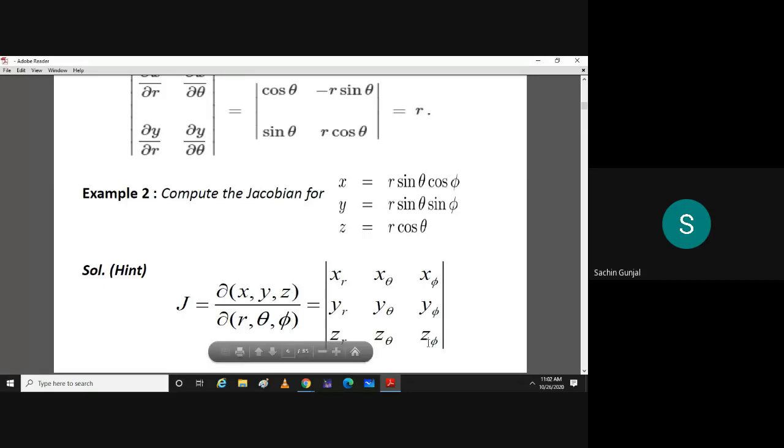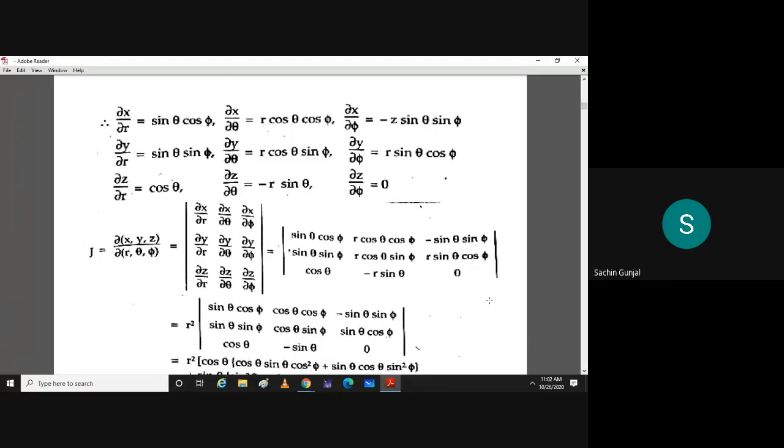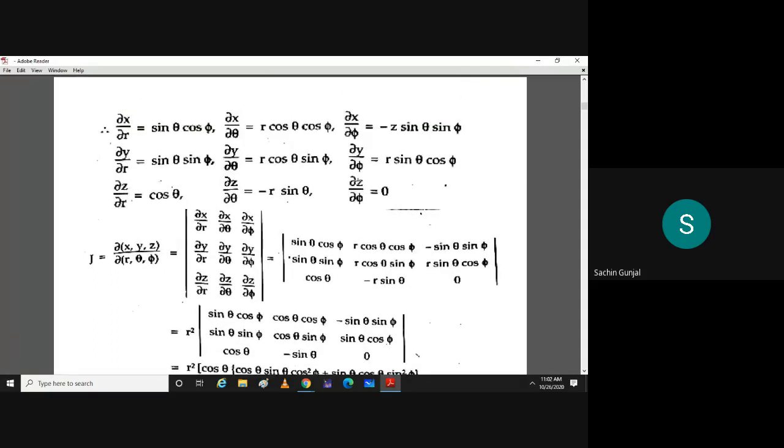If you do this calculation, x with respect to r is sin theta cos phi, with respect to theta is r cos theta cos phi, with respect to phi is minus r sin theta sin phi. This is minus r, not z.